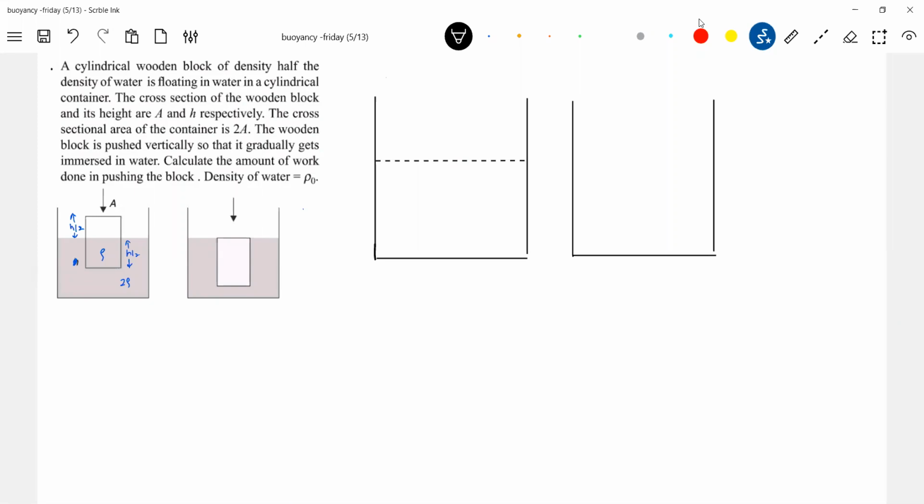Initially the block is half immersed. This much is half immersed.